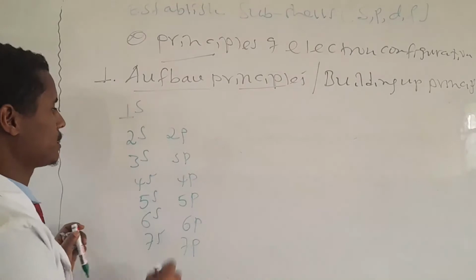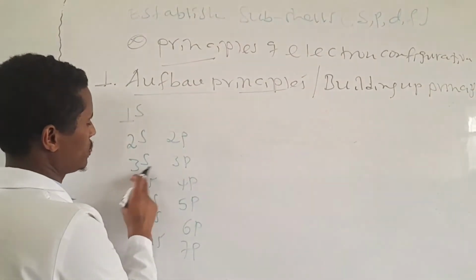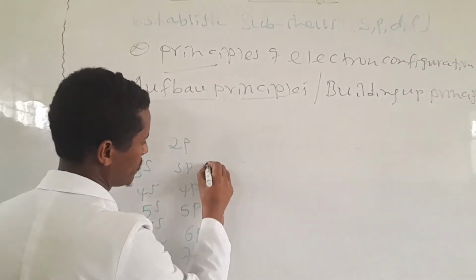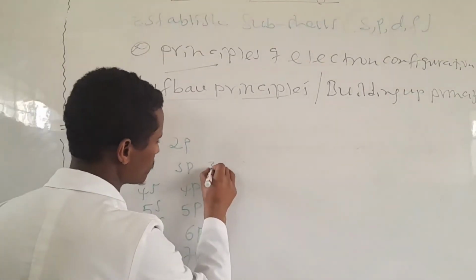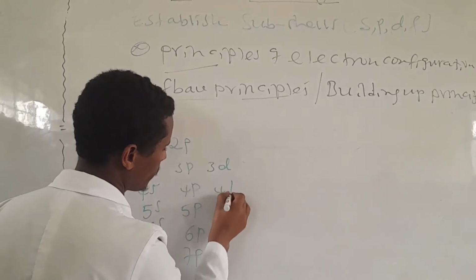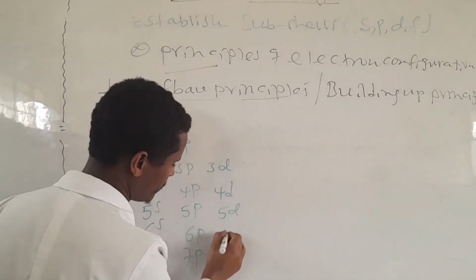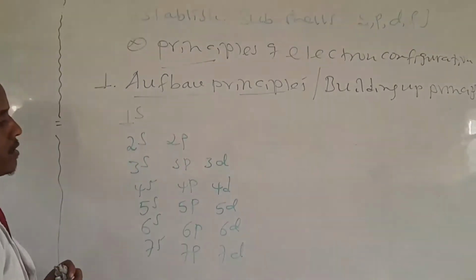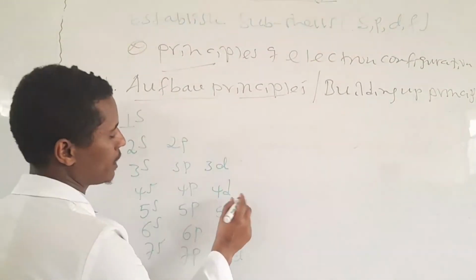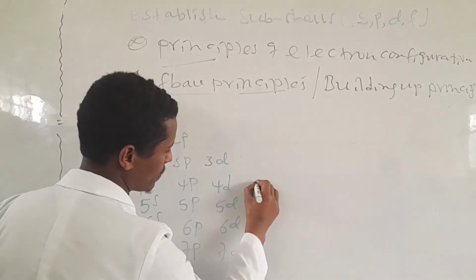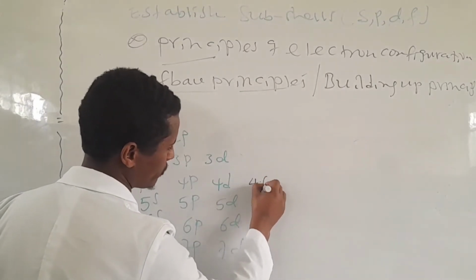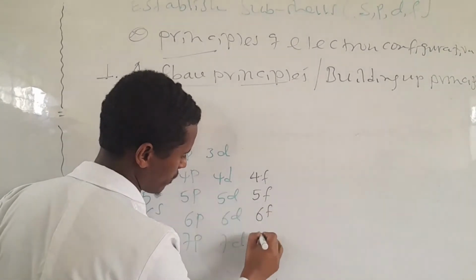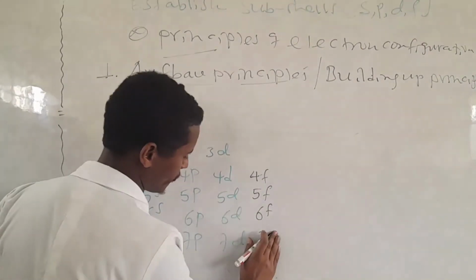And the third shell, that is n equal to 3, holds another orbital, d: 3d, 4d, 5d, 6d, 7d. The fourth shell also holds another orbital, that is f. You can write as 4f, 5f, 6f, 7f.